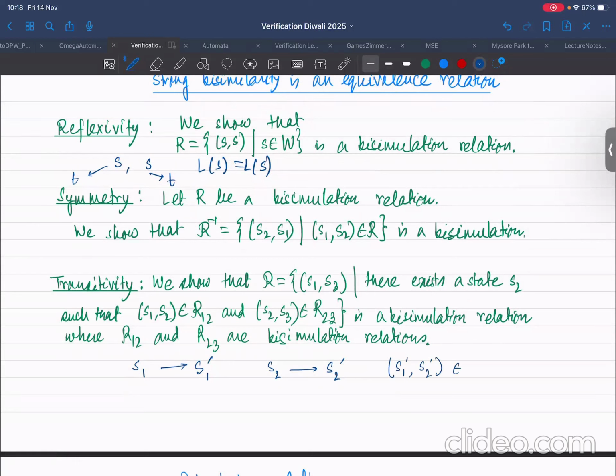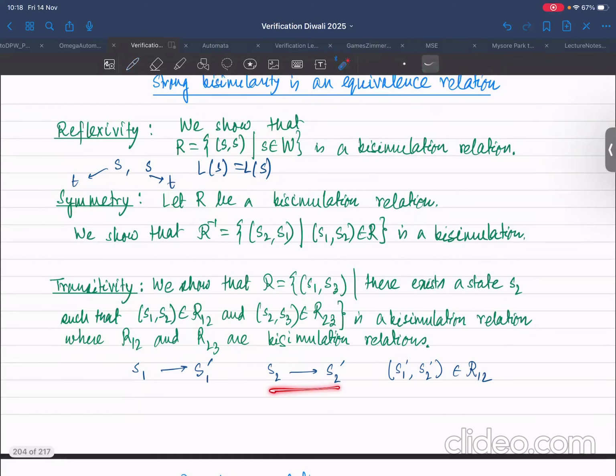Yeah, S1 prime, S2 prime belongs to R1,2. And similarly, from S3 you can go to S3 prime such that S2 prime and S3 prime belong to R2,3.